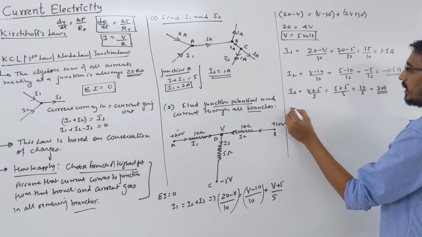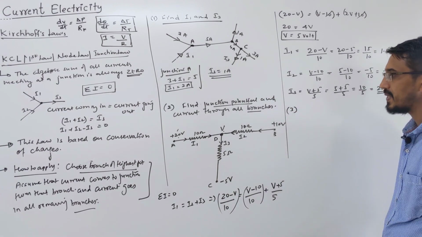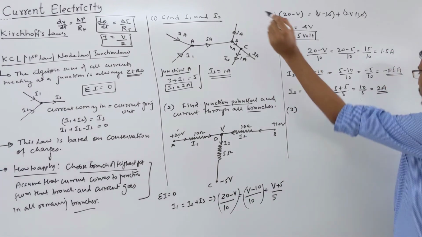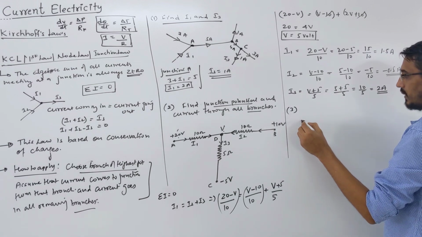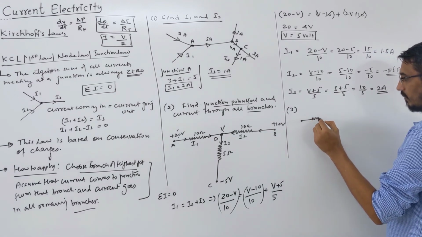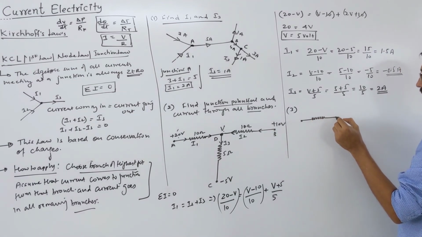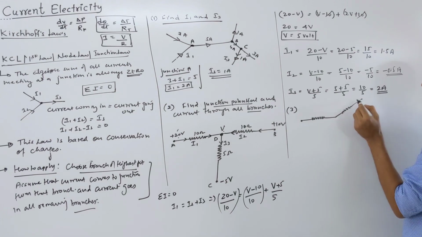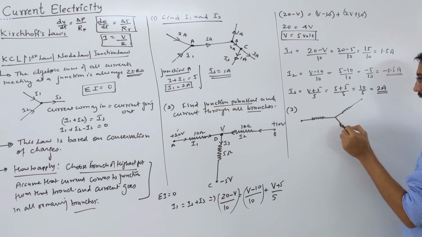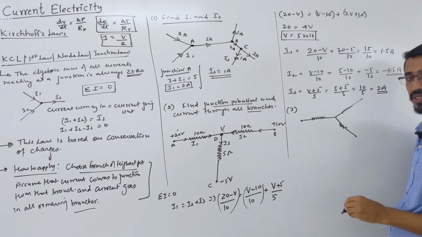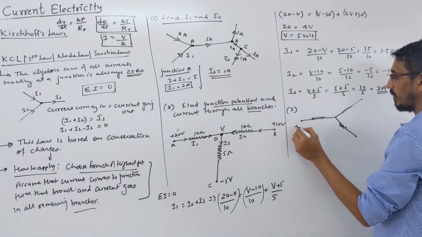Let's see one more example here, a similar example. Suppose this. The question remains the same: find the junction potential and current through the branches.